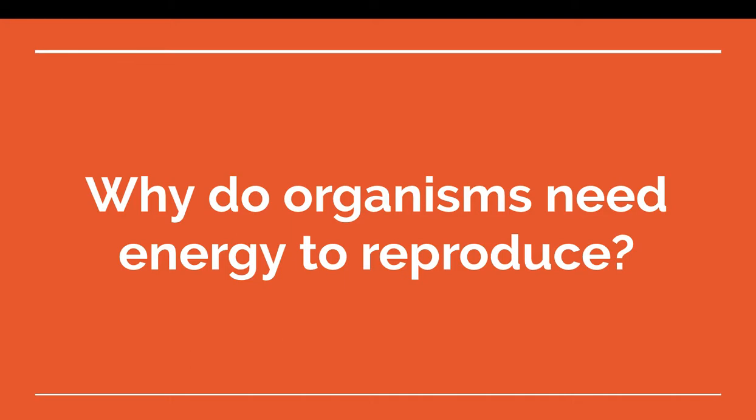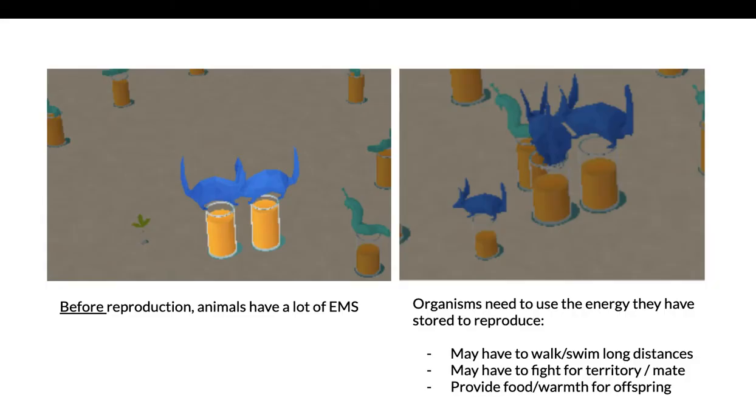I asked you guys to read an article that talked about the use of energy during specifically one part of an organism's life, and that one part has to do with reproduction. So yesterday I had you look at the sim and compare what actually happens during reproduction and how that affects energy.